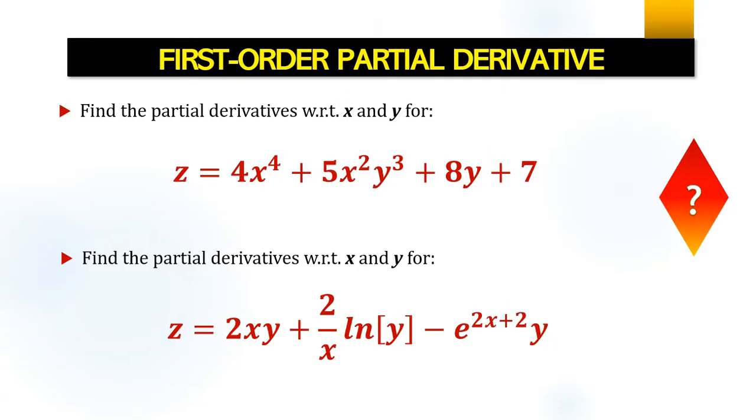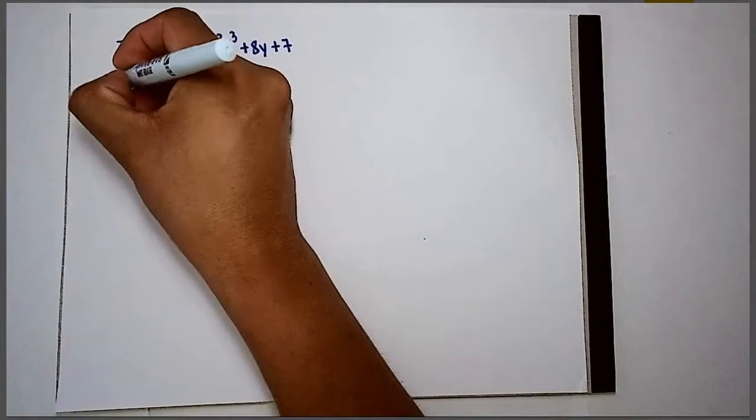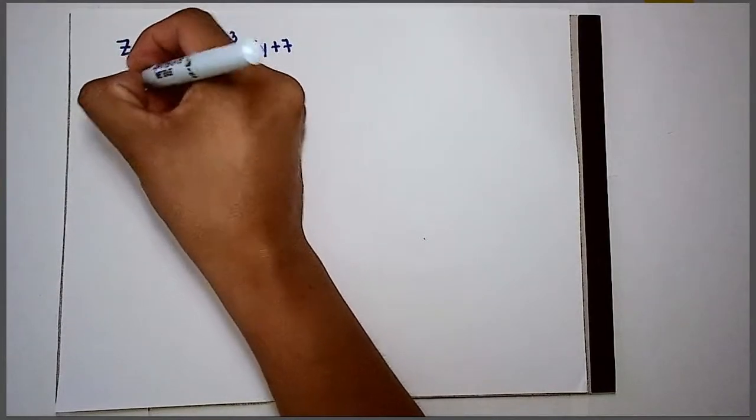To understand how we use the ceteris paribus property and how we compute partial derivatives, let's solve these two examples in which we need to take the partial derivatives with respect to x and y in both cases. Let's take the derivative of z with respect to x first.